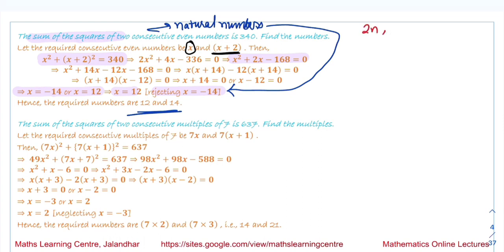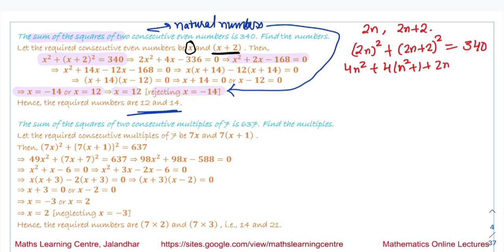Now in place of this, what you can do is that the numbers we are talking about are 2n and 2n plus 2. The sum of the squares will be 2n square plus 2n plus 2 square, and that is equal to 340. So we get 4n square plus 4 into n square plus 1 plus 2n is equal to 340.